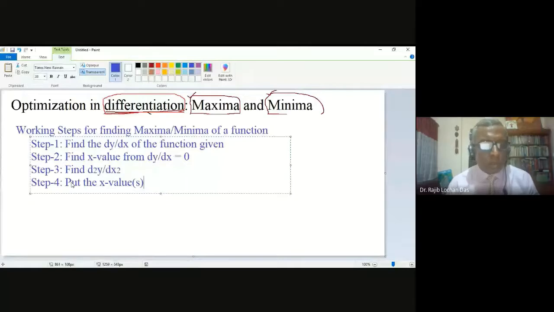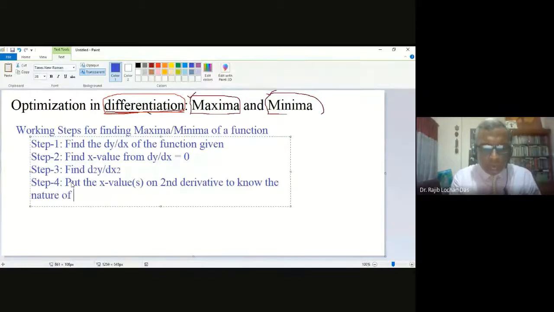So you will put all the x values on the second derivative, to know the nature of the optimum value. So what is the nature? The nature means it will be maybe maximum, maybe minimum, right?